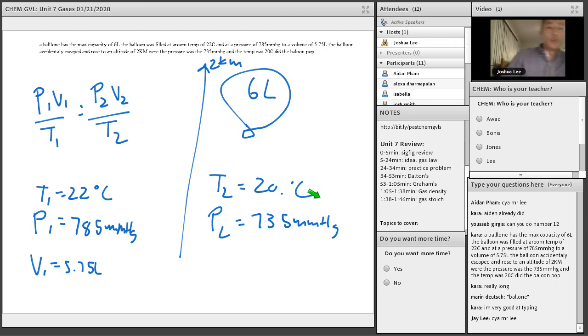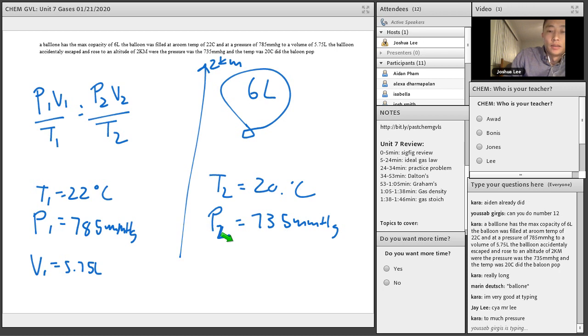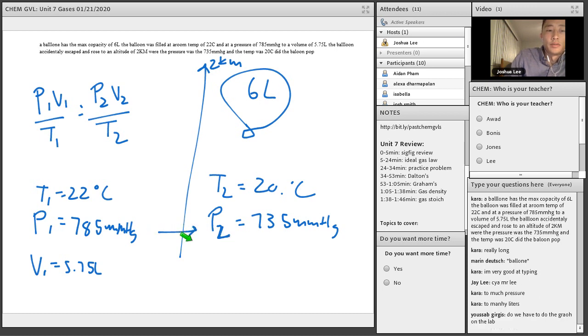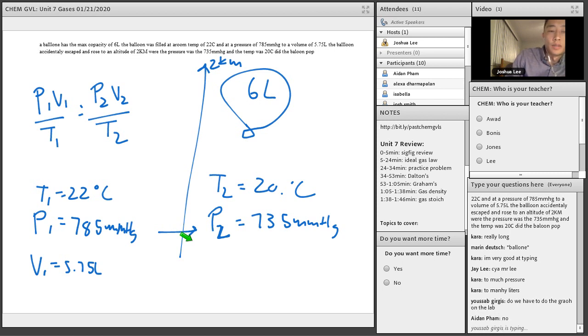So, did the balloon pop? How would we know if the balloon is going to pop? Too much pressure? Well, remember, what happened to pressure? Pressure went down. There's no graph on the lab.